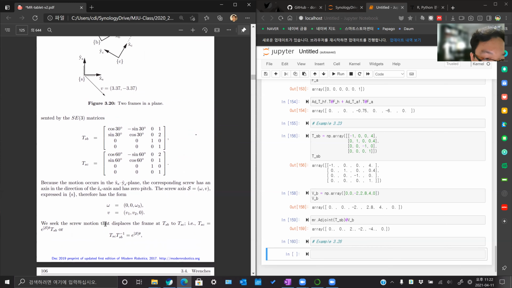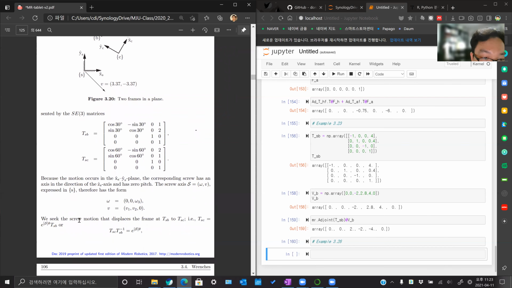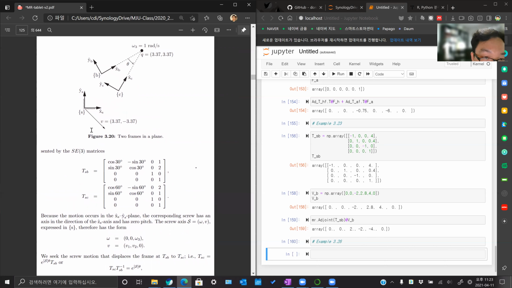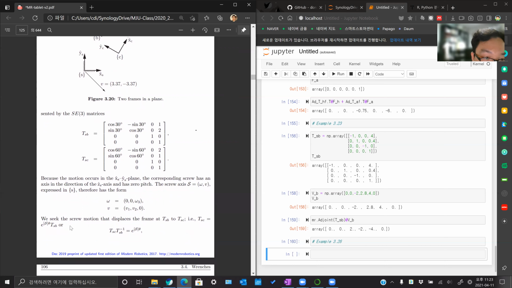We seek the screw motion that displaces the plane from T_SB to T_SC. So in this example, we want to find the screw motion from T_SB to T_SC. That is T_SC equals something times T_SB.